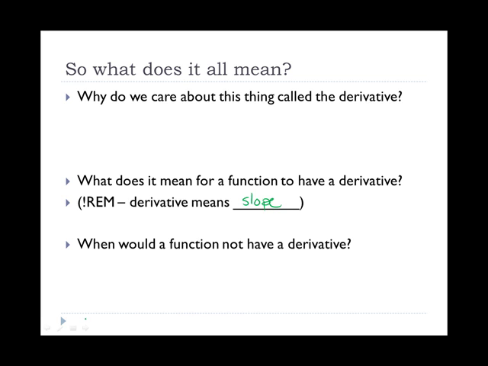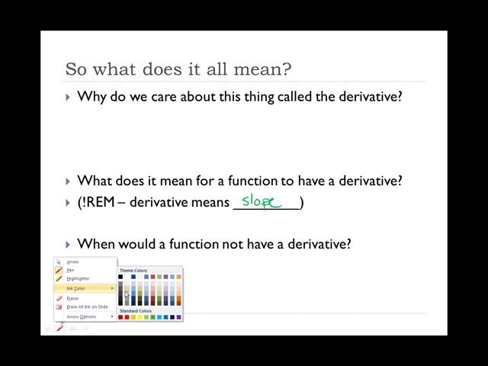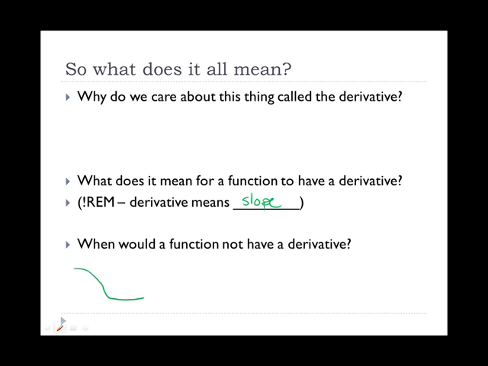So if I had a curve, let me see if I can get one, something like that. It's not exactly vertical, but if this tangent line ever looks like it's becoming vertical, then we might not have a slope.